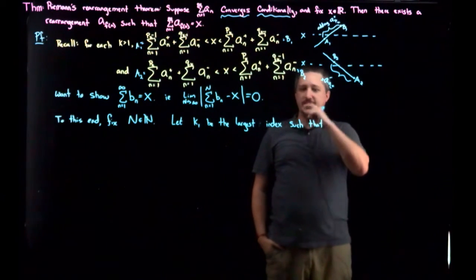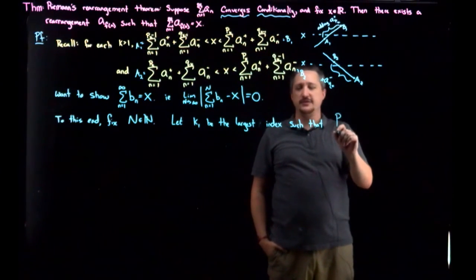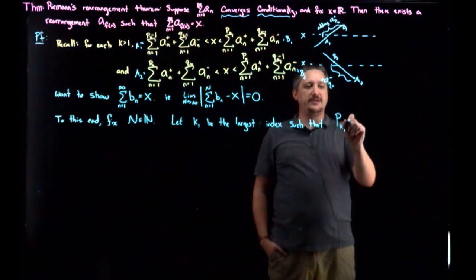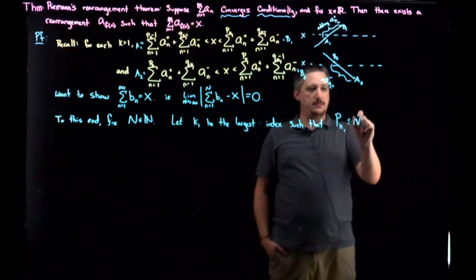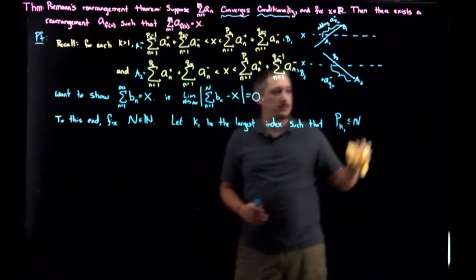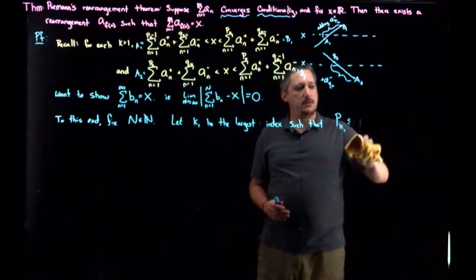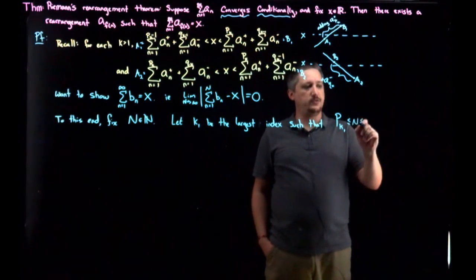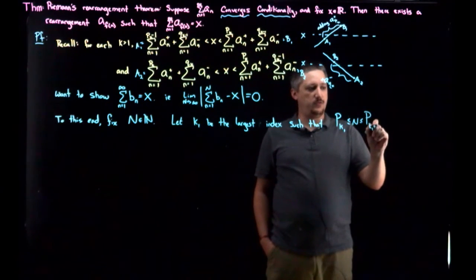So I'm going to pick the largest index such that P sub K1 is less than or equal to N, capital N again, less than or equal to P sub K sub 1 plus 1.